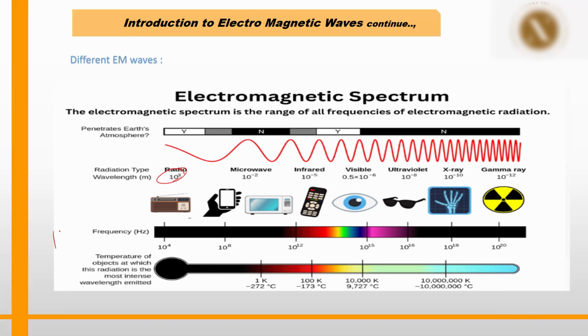So 10 to the power of 4 means how much? 4 zeros, right? So 10,000 cycles per second. Then the frequency is 10 to the power of 8, 10 to the power of 12, 15, 16. Just imagine how many cycles per second for radio waves, microwaves, infrared, and visible.